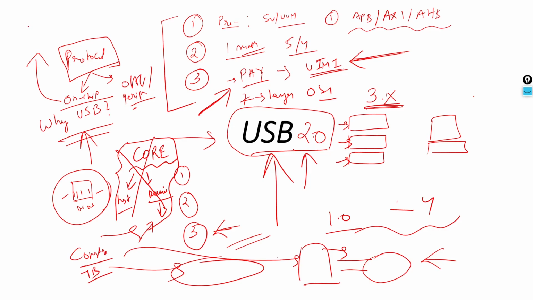What do we have in on-chip? AMBA protocols. AMBA houses a lot of protocols: APB, AHB, AXI, and apart from AMBA, ACE. Those are all for cache coherency.